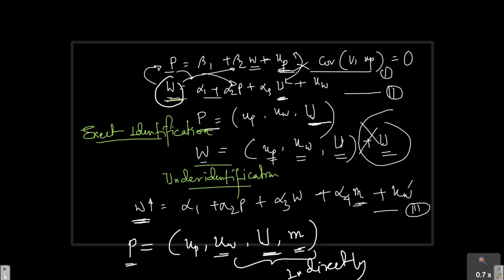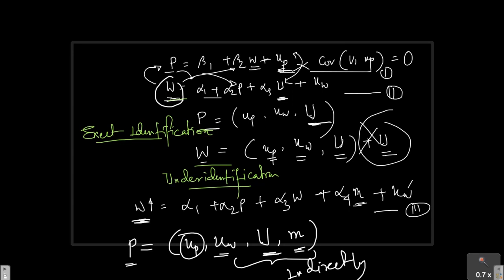We have seen that both U is related with W and M is also related with W, and because U and M are exogenous, they are not related with the error term UP. So both of these variables are going to satisfy my condition of instrument. So which one am I going to use as IV? That is the question we have.